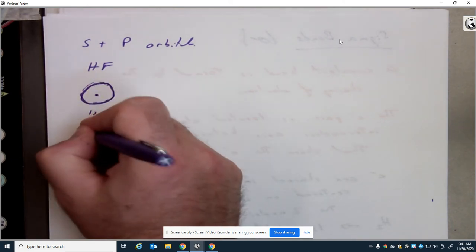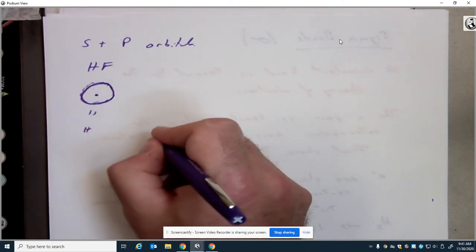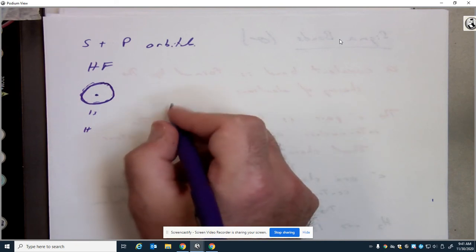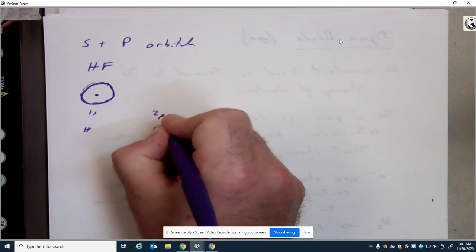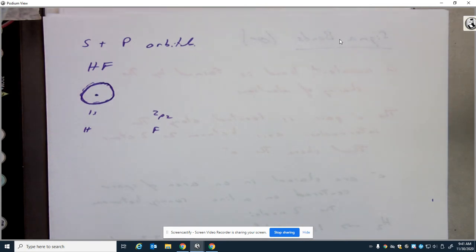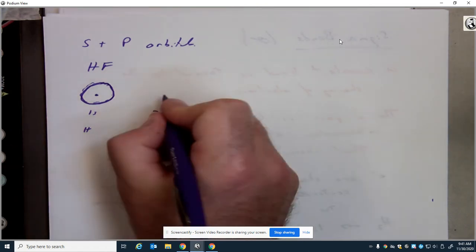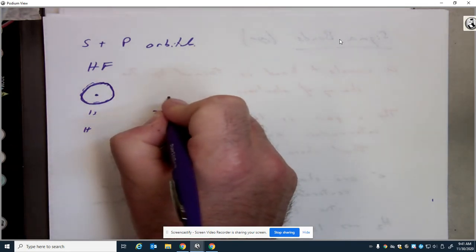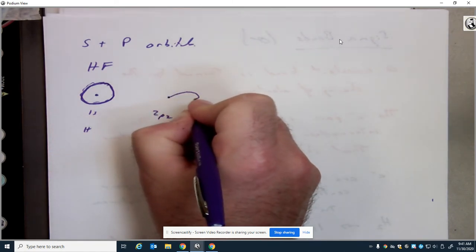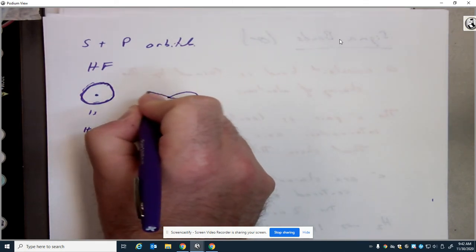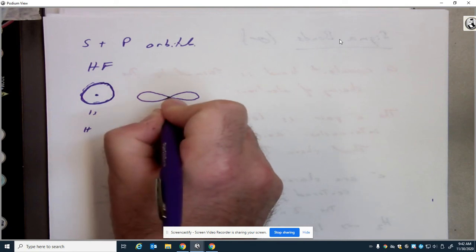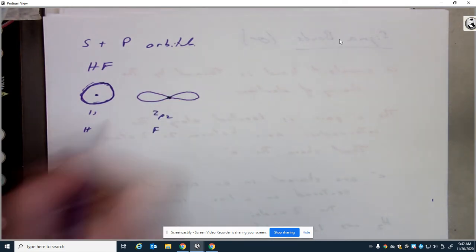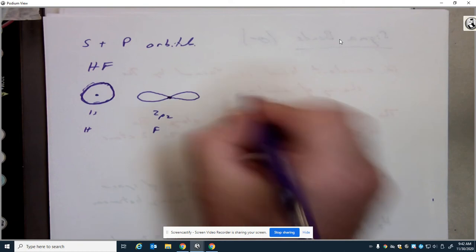All right, so this is hydrogen. And then in fluorine, the valence electron that's free is the 2pz orbital. Now, if you remember, a p orbital looks like a dumbbell centered on that nucleus. Now, these are going to overlap.